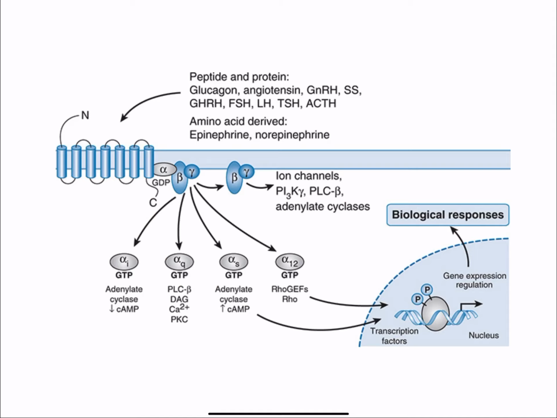A big word I want you to remember is signal transduction. I put this as a homework for you. Signal transduction is a process by which a hormone can bind to an external receptor like this and then stimulate a series of events within the cell, leading to greater events within the cell.